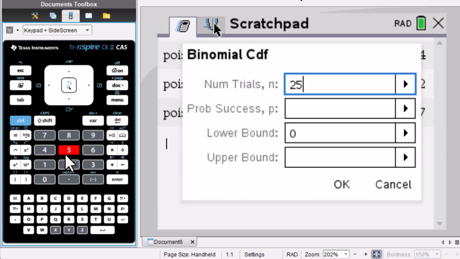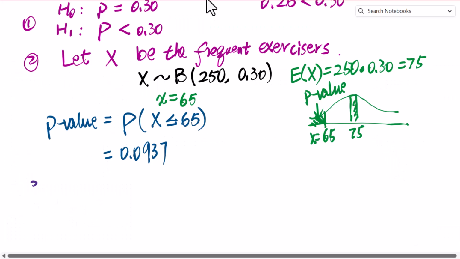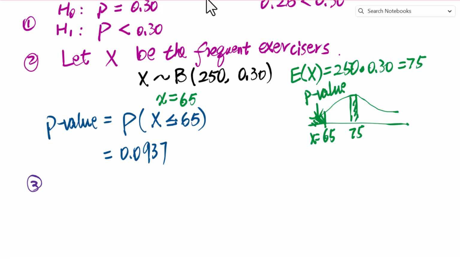N is 250. P is 0.30. Lower bound 0. Upper bound 65. Enter, enter. Answer is 0.0937.